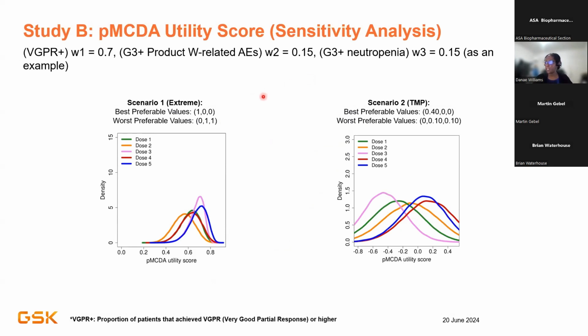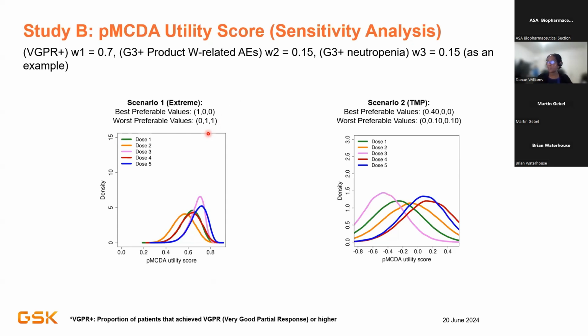And if you take a look on the left on this graph, we explored one scenario, which is the extreme case, where we treat the best preferable values as that all the patients had received the benefits of achieving that VGPR or higher, but no patient had experienced any of the risk. Whereas if you look at the worst preferable values, it's the opposite, where we're saying there are no patients that achieve a VGPR or higher, but all the patients had experienced the risk as well.